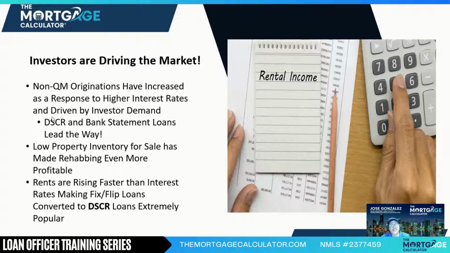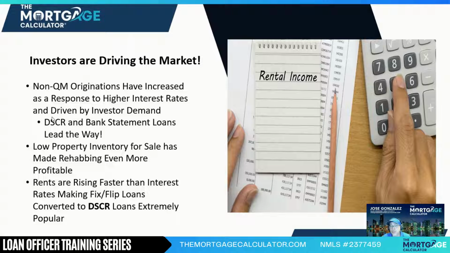Non-QM originations have increased, right? And they have increased as a response to higher interest rates. We had those borrowers that were previously pre-approved at a 3% interest rate, and now the rate could be 6 or 7%. So obviously they're not necessarily approved for the same amount of income.